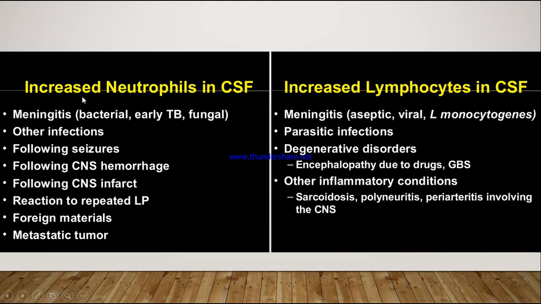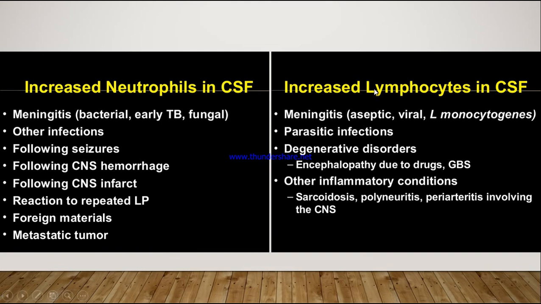If as a lab investigator we find increased neutrophils in CSF, then we can predict that the patient may have one of these conditions: meningitis, which can be bacterial, early tuberculosis or fungal meningitis; other infections; following seizures; after CNS hemorrhage; after CNS infarction; and reaction to repeated lumbar puncture, because repeated lumbar puncture can also increase neutrophils. Also foreign materials present in the brain and metastatic tumor.